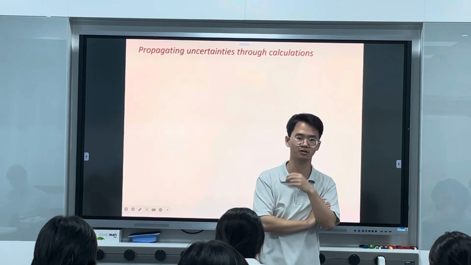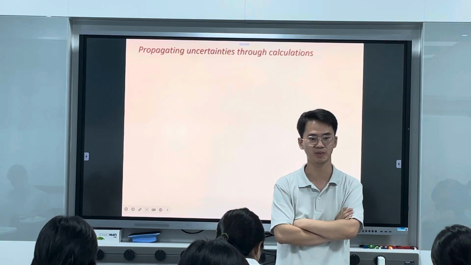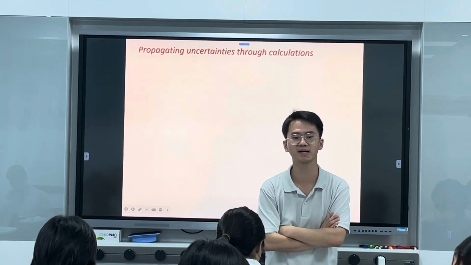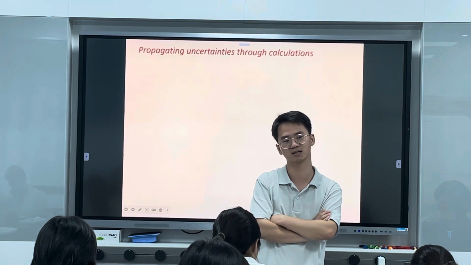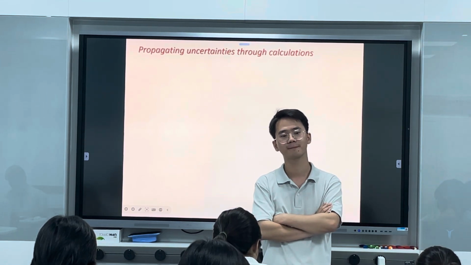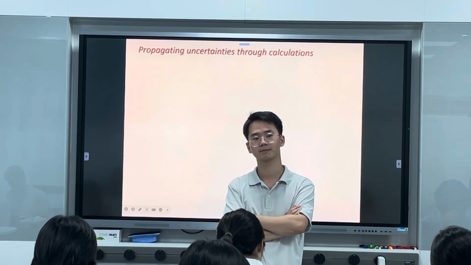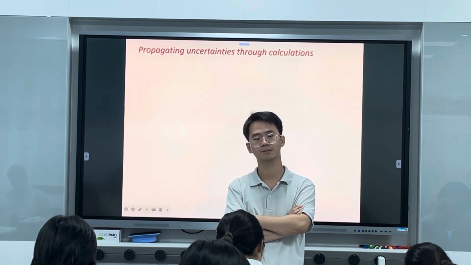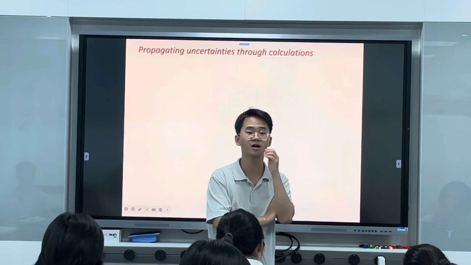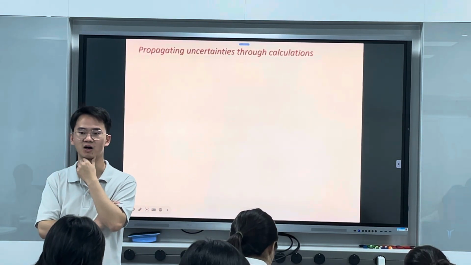Delta y should equal to... What's y equal to? a plus b. What is y's uncertainty when a has uncertainty of delta a and b has uncertainty of delta b? Not sure? Okay, Marvin?